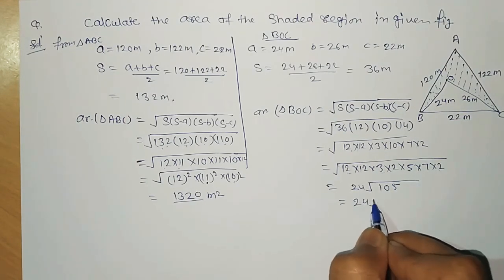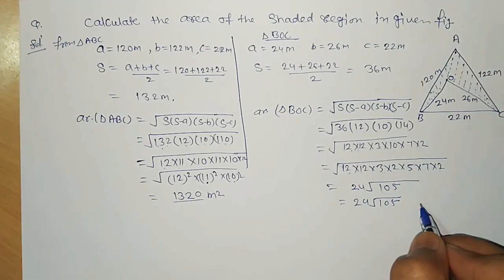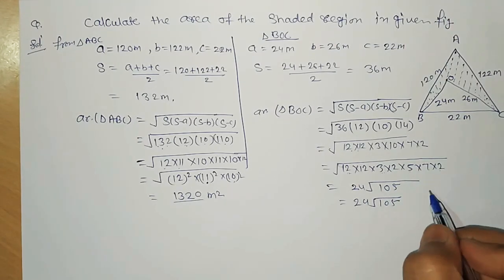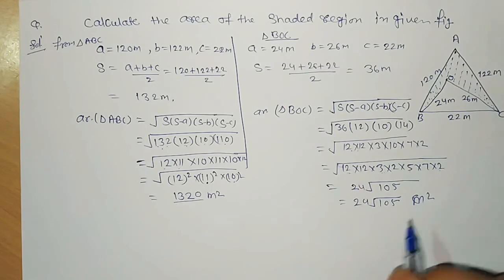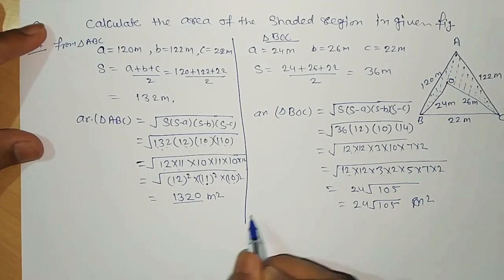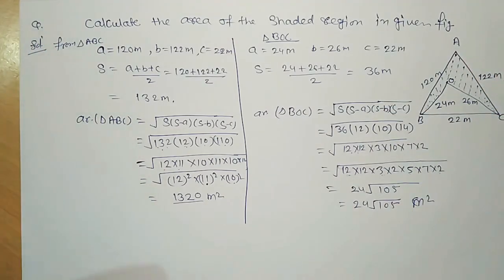Then the remaining area of triangle BOC is 24 under root 105 meter square. Now we have to find only the shaded region of the triangle ABC.